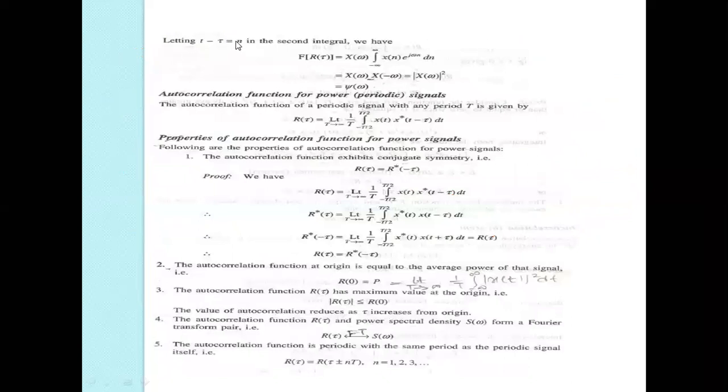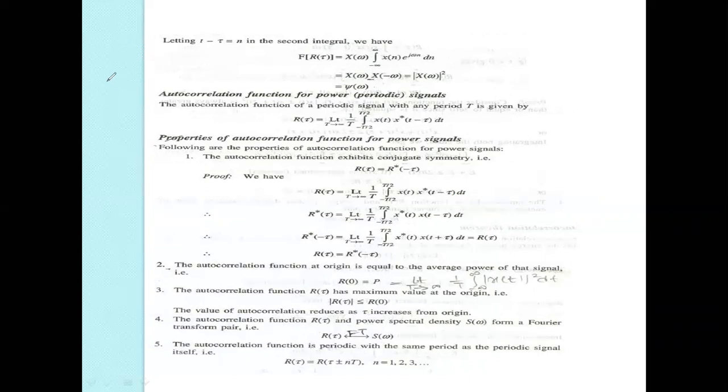So let t minus tau be equal to n. In the second integral, we have the Fourier transformation of r of tau equal to X of omega, and with t minus tau equal to n, the integral of x of n e power j omega n into dn. Because d tau is equal to dn, it's a minus value, the conjugate term.